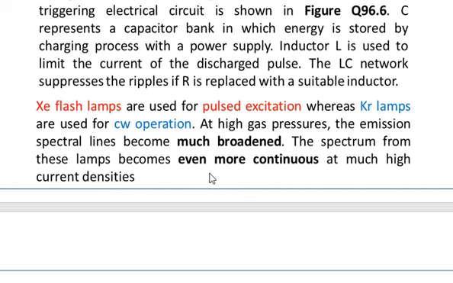So you see that we can broaden the spectrum of the light emitted from the flash lamps by controlling the pressure, that is at high pressure we can have a more broadened spectrum, and also by passing high current densities through the flash lamps, we can produce a continuous spectrum, and even more broadened and more continuous spectrum.